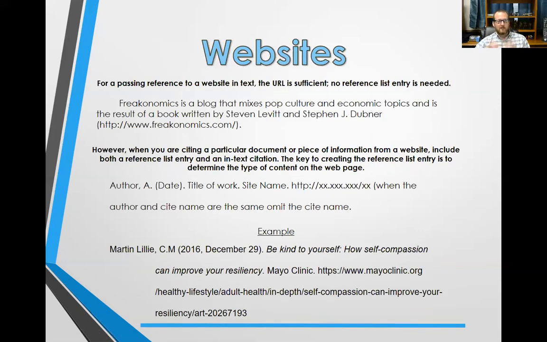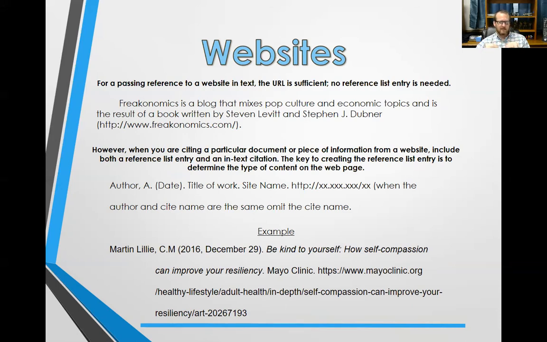Next, you have websites, and this is going to be a useful one for you guys to know when you're citing different things. So here, two ways you may handle this. If you're just referencing a website, you're not actually citing the website, you're just saying this thing exists, then of course you don't have to add it to your reference list.